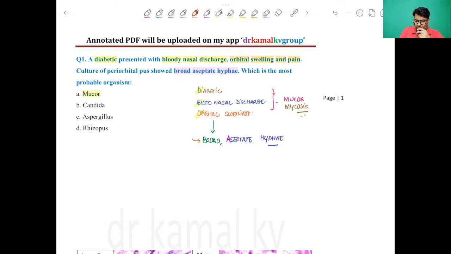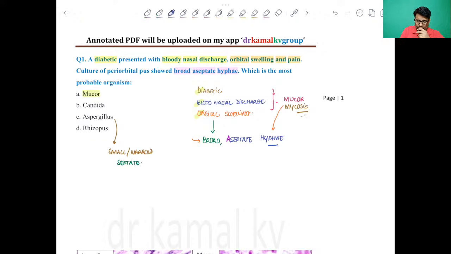In Mucor, the hyphae are broad and aseptate, whereas in aspergillus they are small, or you can say narrow, but septate. Clear? So these are the two important differences.